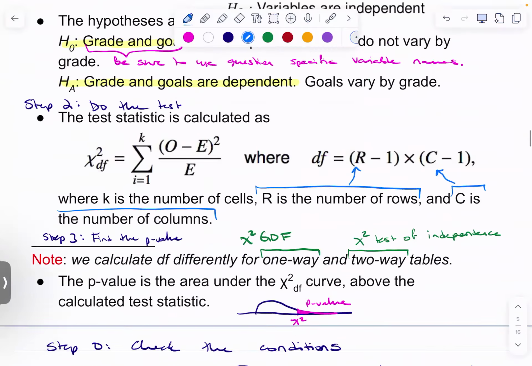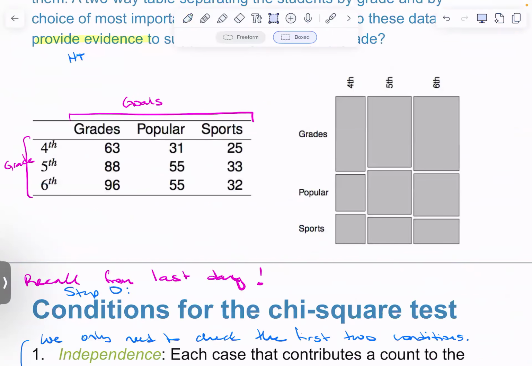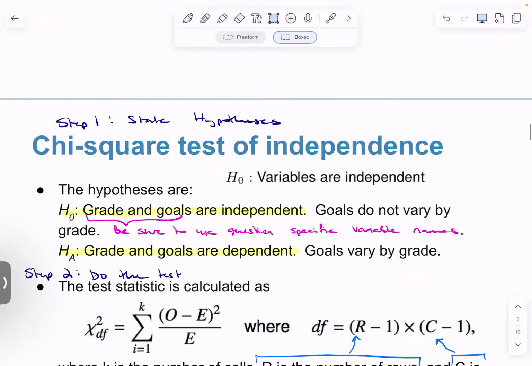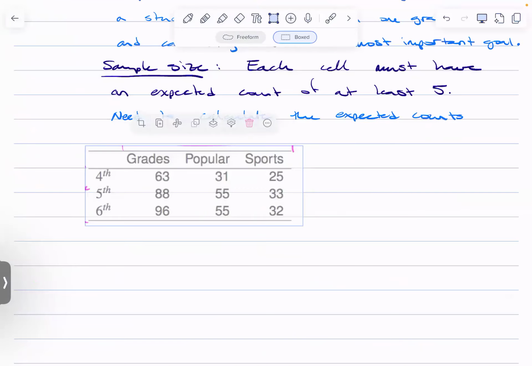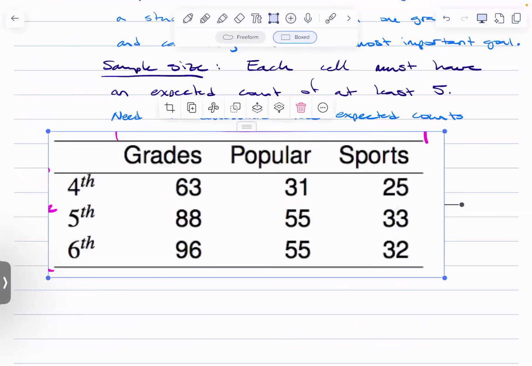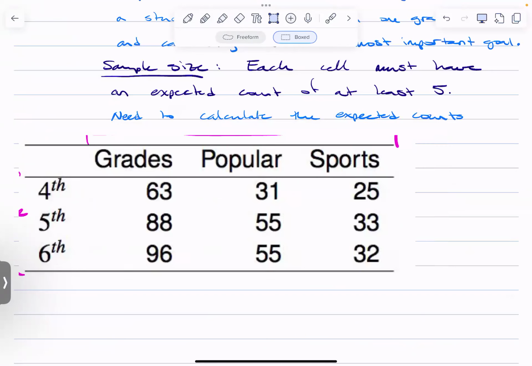So I'm going to copy, and then just paste it nice and big here, leaving a little bit of room.